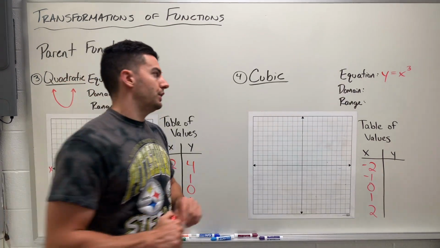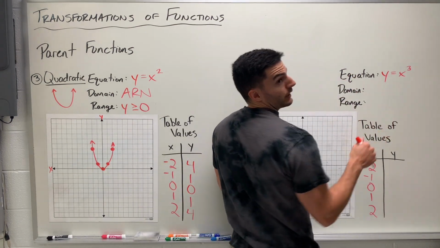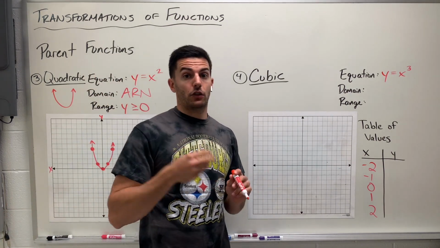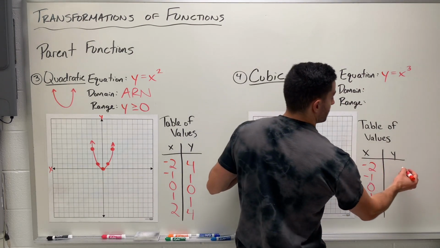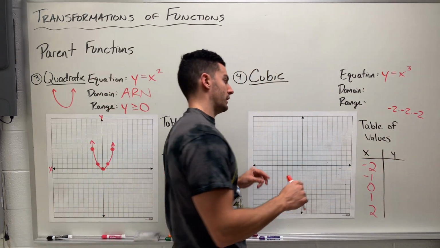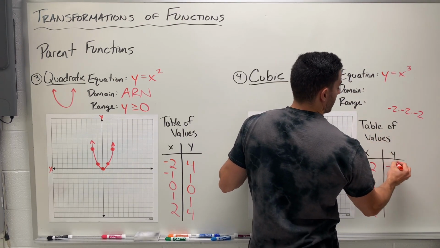what we want to do here is plug those in the same way. But cube, to the third power, means multiplying 3 of those together. So like -2 times -2 times -2 is how I would get the y value that goes with that. -2 times -2 times -2 would actually be -8.